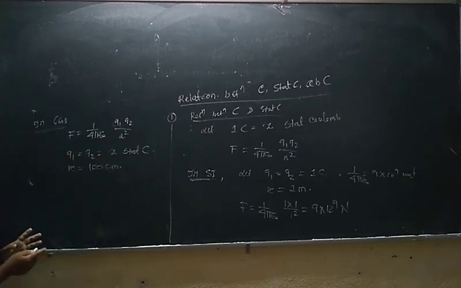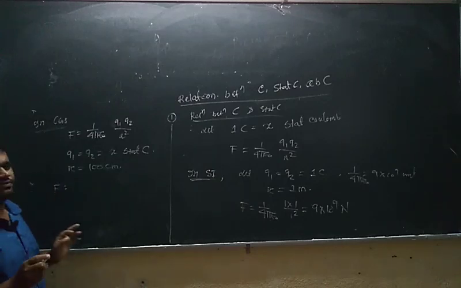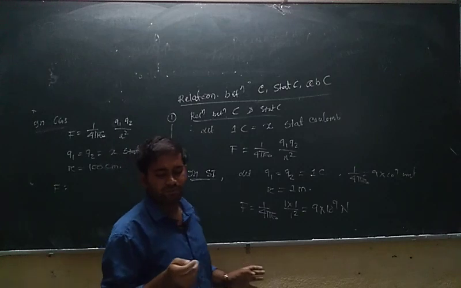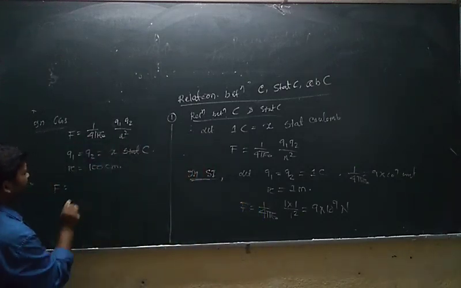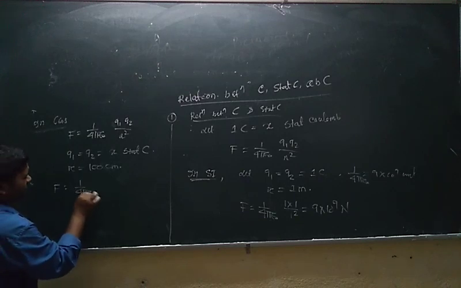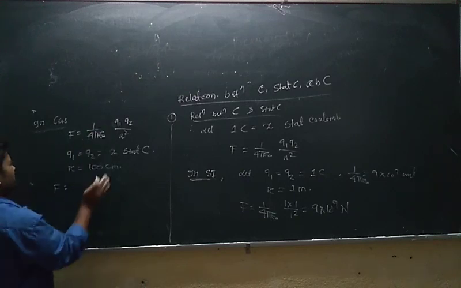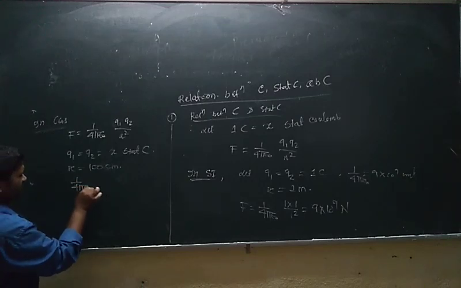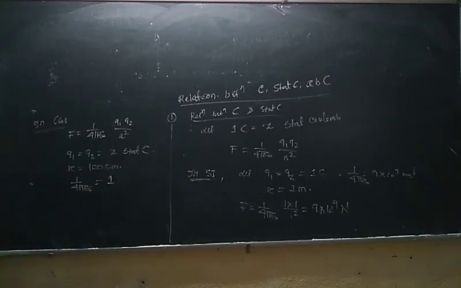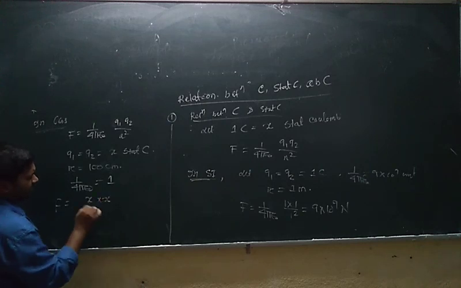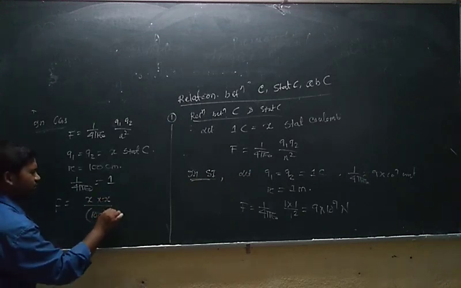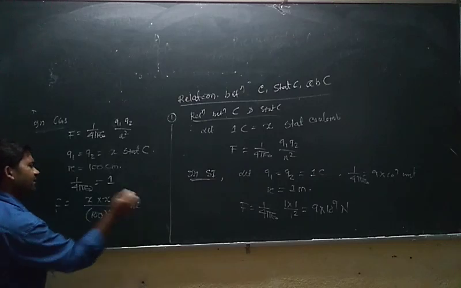The unit of force will be dyne. So what will be the value of force? The value of 1 by 4 pi epsilon 0 in CGS system is equal to 1. So F equals x into x divided by 100 square, and unit is dyne.